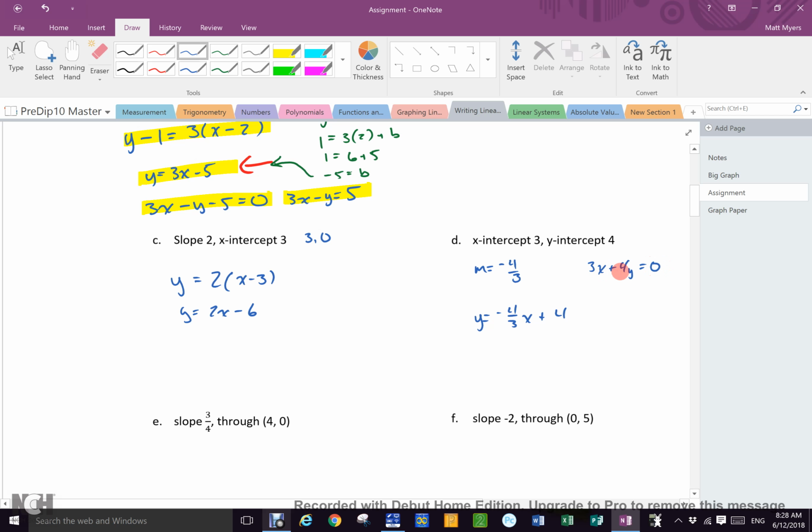Okay, and so then I move the 3x onto the other side. 4y equals negative 3x, and so y equals negative 3/4 x. Yeah, except that doesn't work. Yes, because I will show you why.